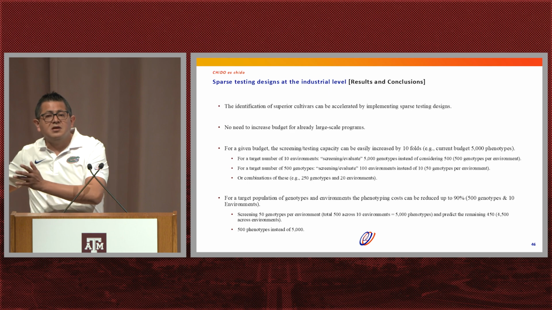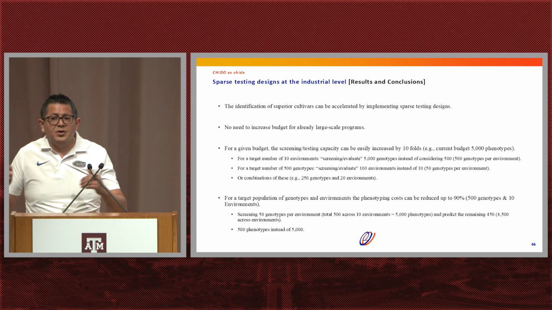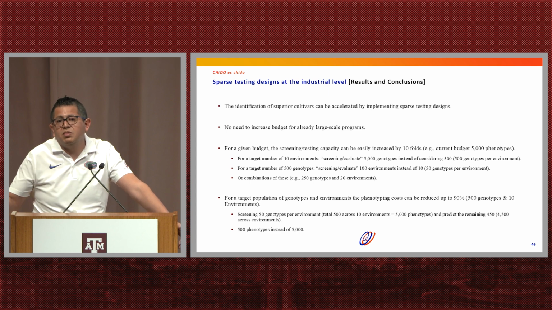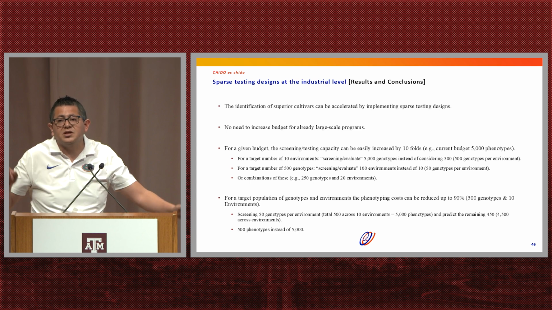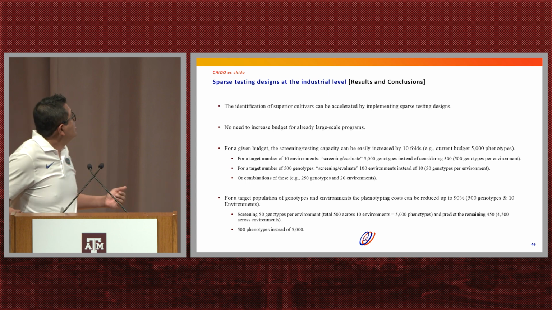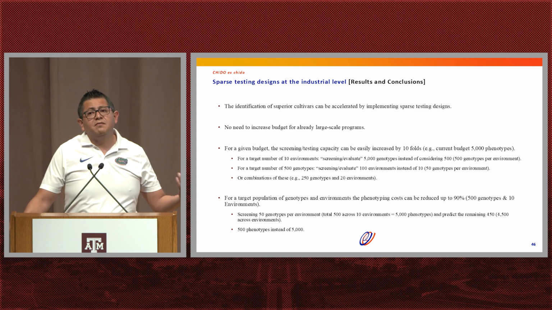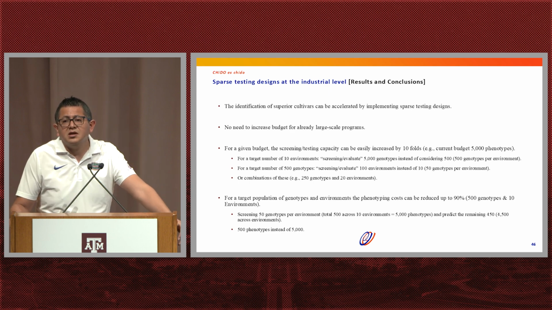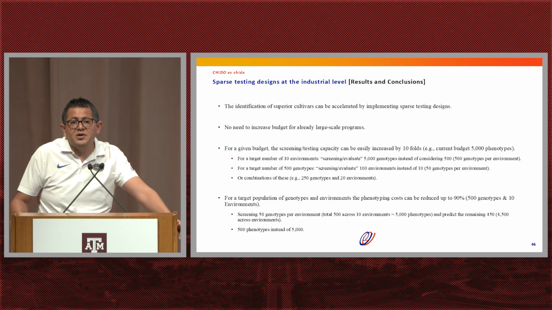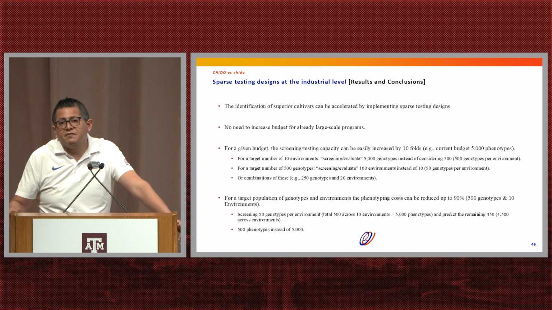We saw that in the industrial pipeline, they are already investing around 12% of all the resources to observe all the potential combinations, and here we use only 2%. Also, we found that for a given budget, we can easily increase the testing capacity by 9-fold. Or for a given target of genotypes and environments, we can reduce the phenotyping cost by 90%.